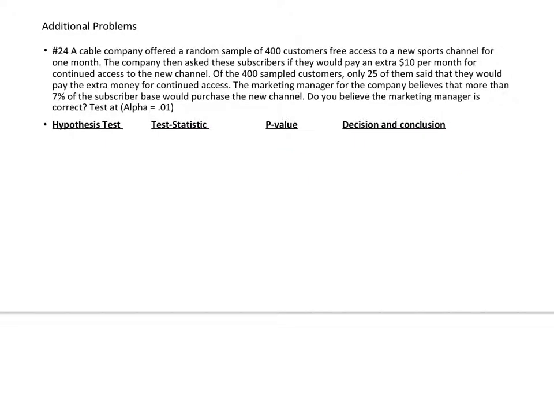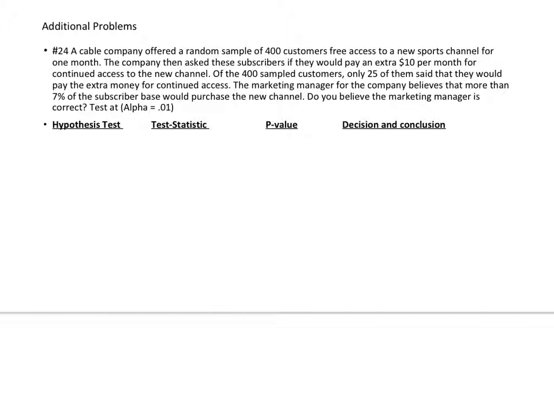In our second problem, this is problem 24 in the same section, a cable company offered a random sample of 400 customers free access to a new sports channel for 1 month. The company then asked these subscribers if they would pay an extra $10 per month for continued access to the new channel.